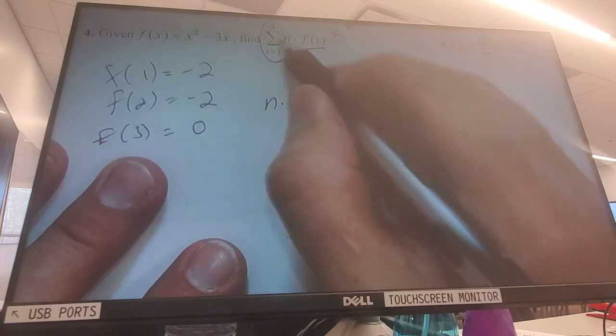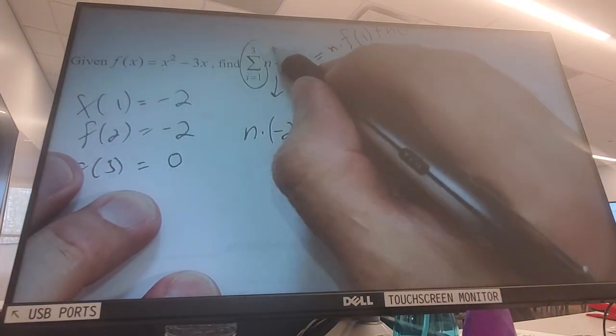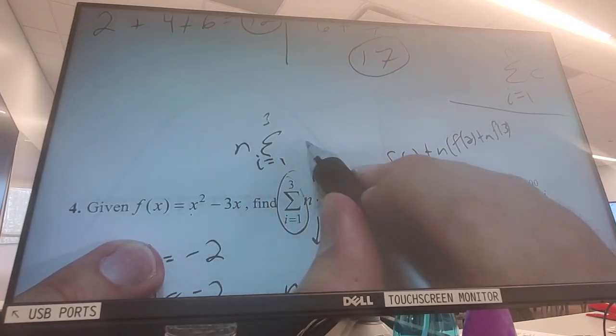So any summation that has a constant multiplier, what could I do with that constant multiplier? Well, if I'm adding a bunch of stuff up and they all have the exact same thing in them, I could just take it out. I could just factor it out, right? So I could have rewritten this as this.